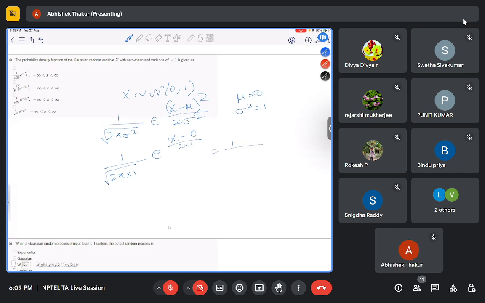So the correct answer will be 1 by root 2 pi e to the power of, here I forgot to do the square, e to the power of minus x square by 2. So the correct answer from this is option number A.